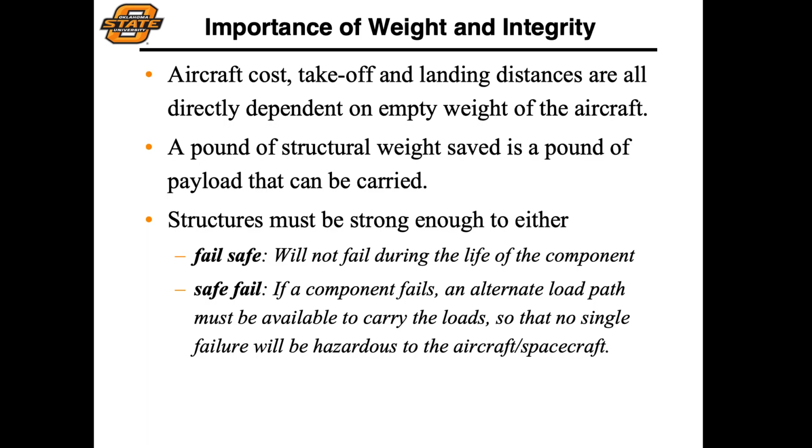Now, there are really very important design considerations that we have to take into account as we're designing the structure of our aircraft. First, the aircraft cost, and then things such as takeoff and landing distances, which are going to determine your runway considerations and the type of airport that you're going to be landing at, are all directly dependent upon the empty weight of the aircraft.